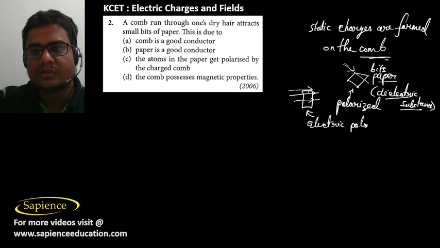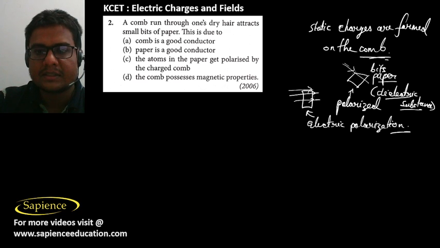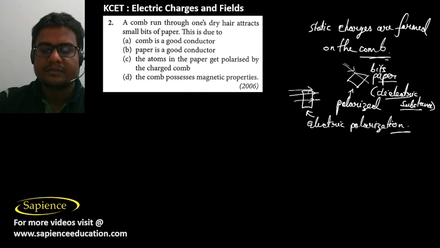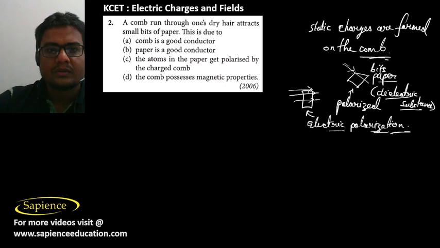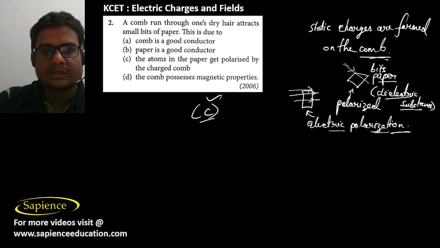Hence the net electric field inside the dielectric substance is decreased. The net electric field in the dielectric substance is reduced due to this electric polarization. So option C is the correct answer.